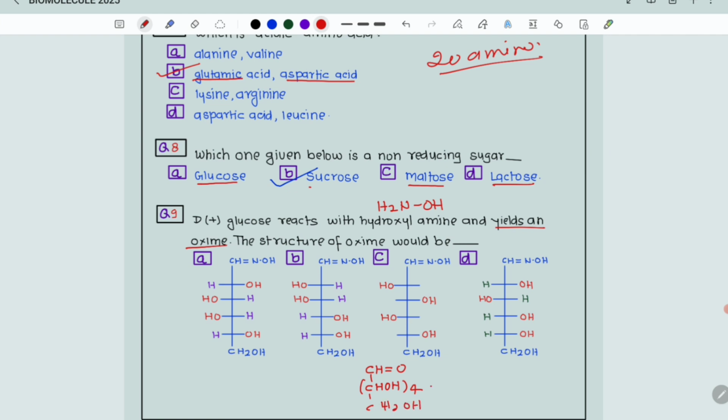So when it is treated with hydroxylamine, H2NOH, the O of the aldehyde group and H2 of hydroxylamine combine, and finally we get a compound: CH=NOH and here (CHOH)4 and CH2OH. So if we see from the given options, option D is the correct option. So our answer D is the correct answer for the given question.